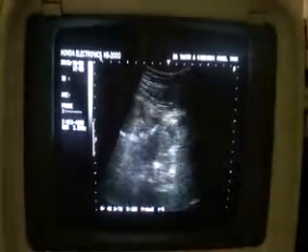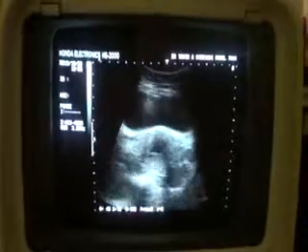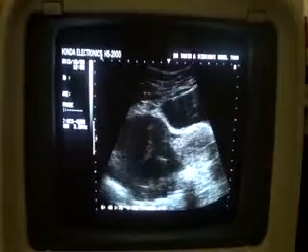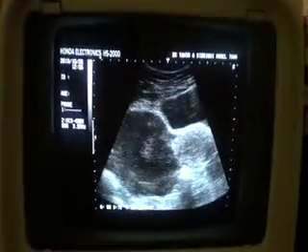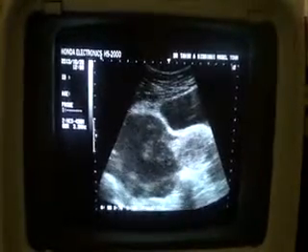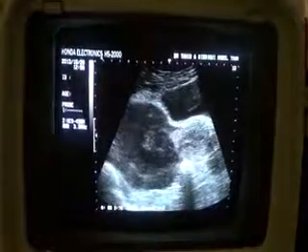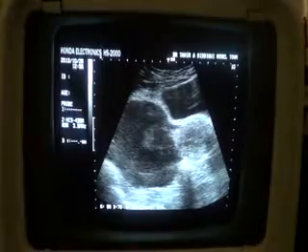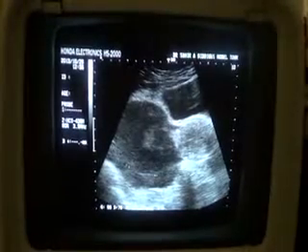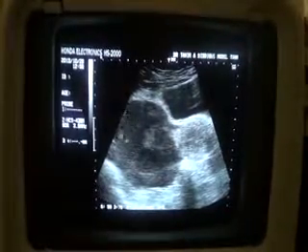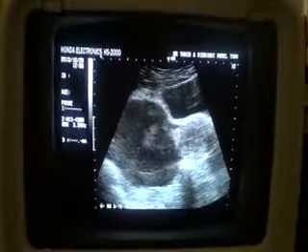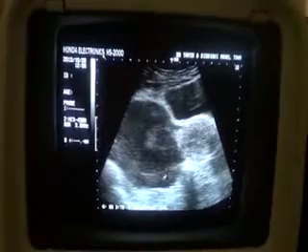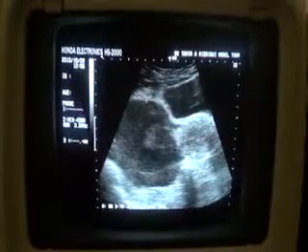As I move the probe towards the right adnexal, I see a cystic area giving posterior wall acoustic enhancement with debris. This is all debris. So it is a debris-filled cystic area.